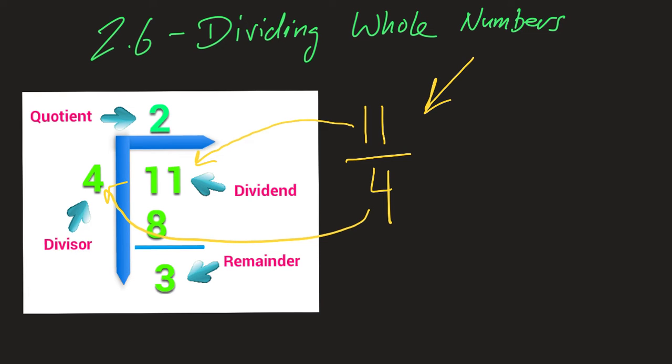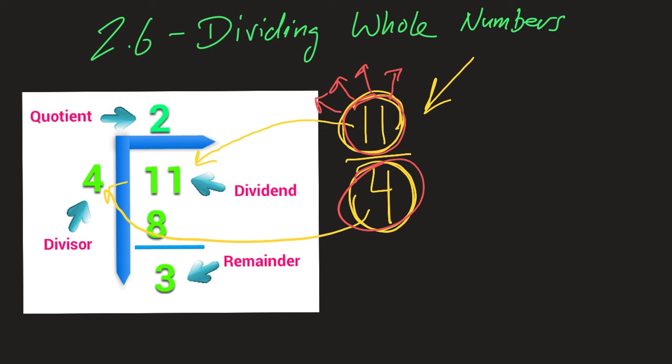Essentially this numerator here is being divided by this amount. So I'm taking 11 and dividing it into 4 parts. I'm taking this 11 and trying to split it up into 4 different parts. That's all that divisor means.